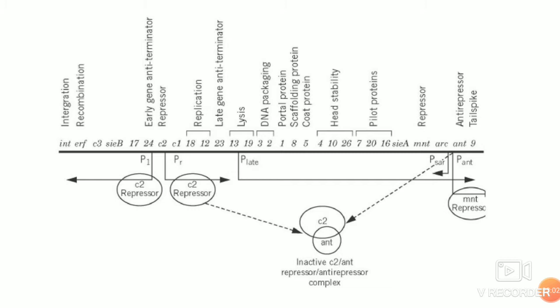The ANT protein is not synthesized because a promoter, PSAR, lies within the ANT gene and directs the synthesis of a 69 nucleotide long antisense RNA that binds to ANT messenger RNA and inhibits its translation.